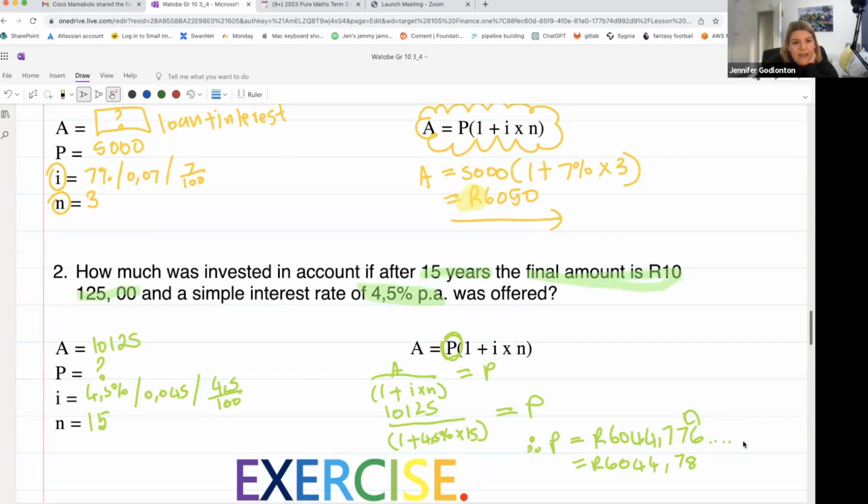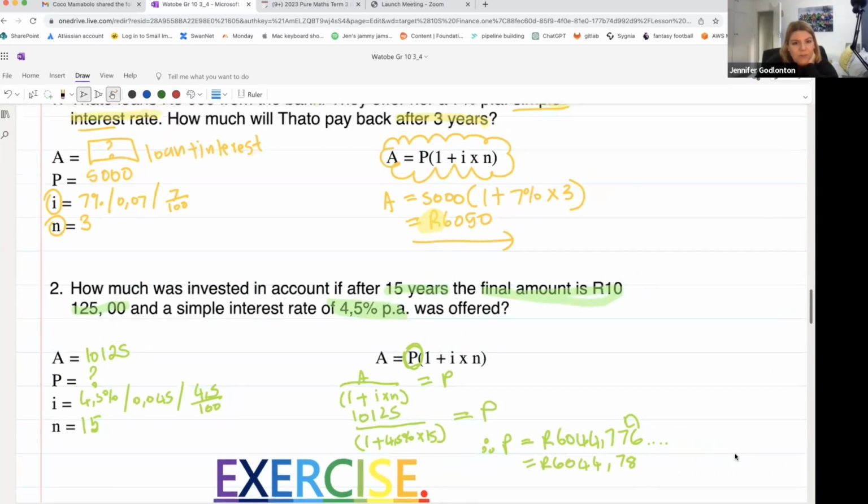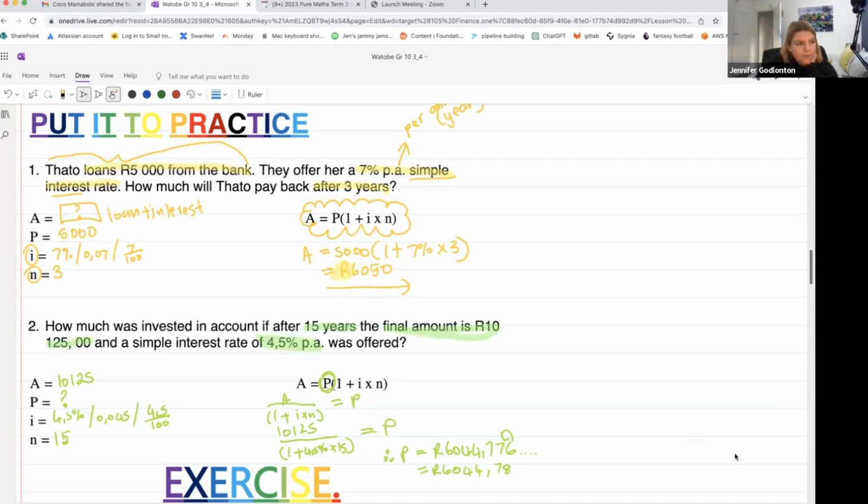We're actually going to deviate. I want you to do something else before we jump into this exercise. So we've made A the subject of the formula. We've made P the subject of the formula.